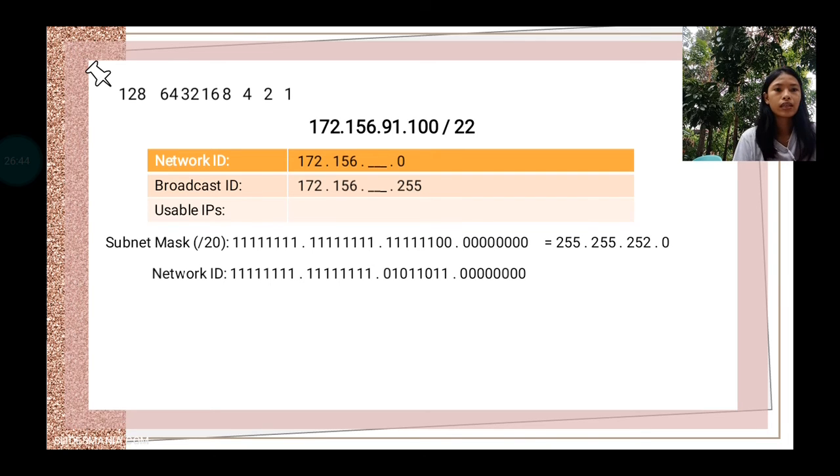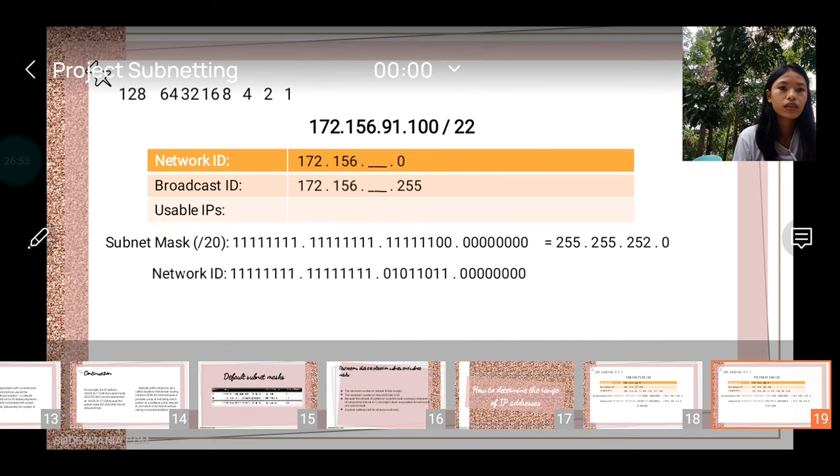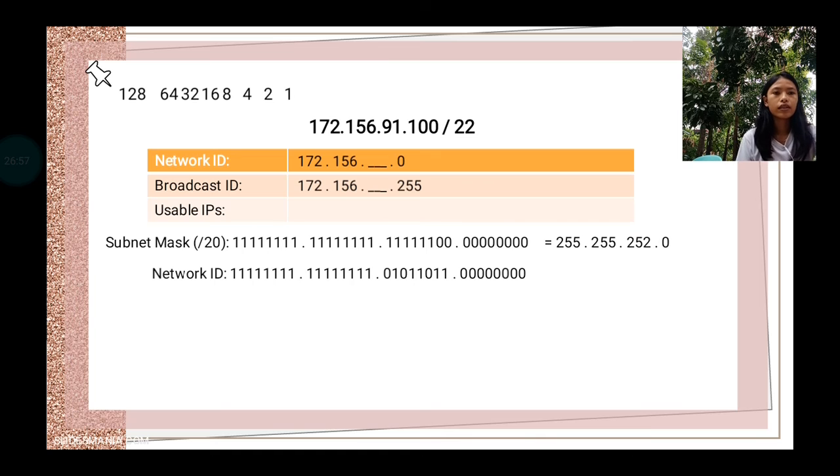Since our IP address's third octet is 91, there we have it, 91. If we compare the subnet mask and the address using the logical AND operation, the result would be 01011000.